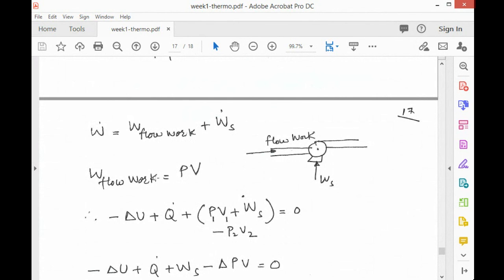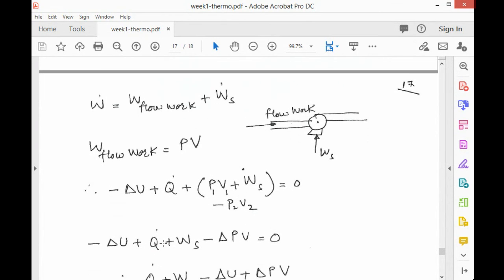So flow work we call PV. We write P1 V1 at point number 1 for the flow work, plus the pump work, and then at point number 2 the flow work is minus P2 V2. So when you take the difference, P1 V1 minus P2 V2, you get delta PV.